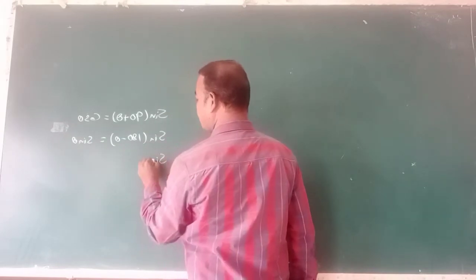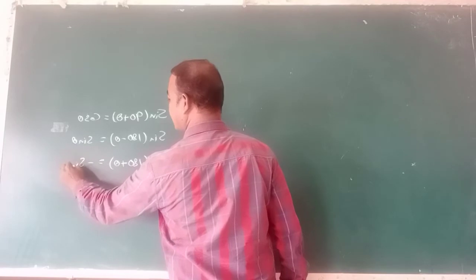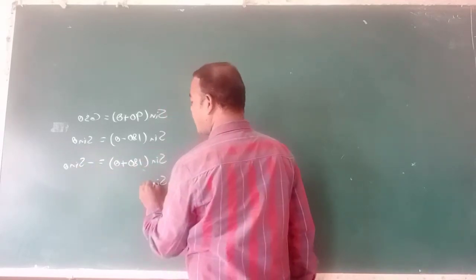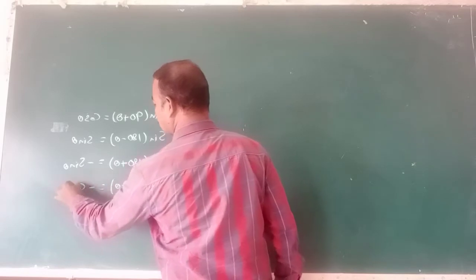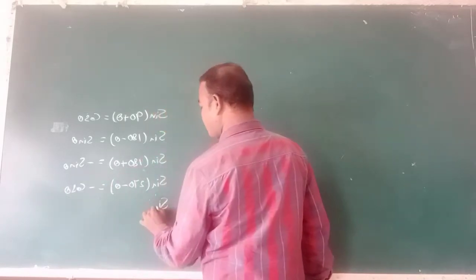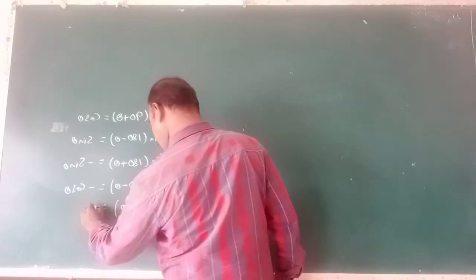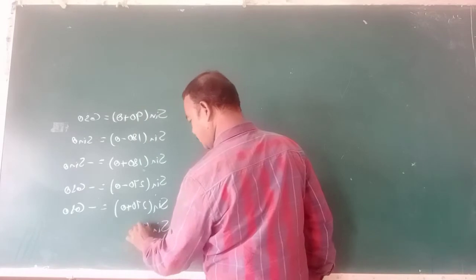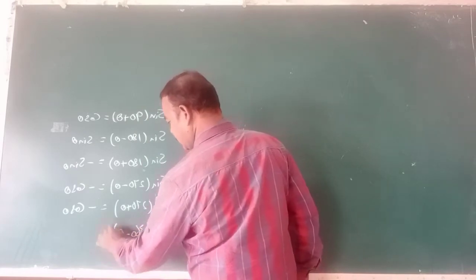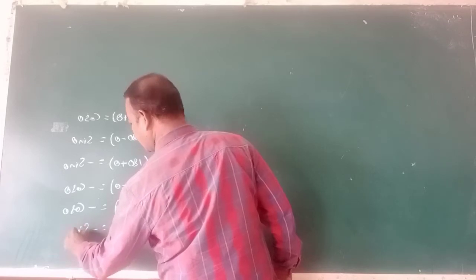Sine of 180 plus theta is minus sin theta. Sine of 270 minus theta is minus cos theta. Sine of 270 plus theta is also minus cos theta. Sine of 360 minus theta is minus sin theta.